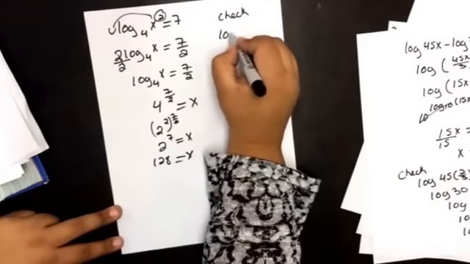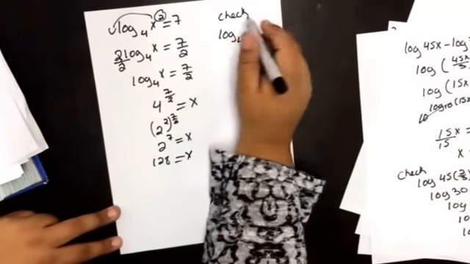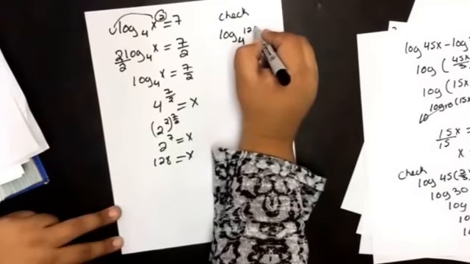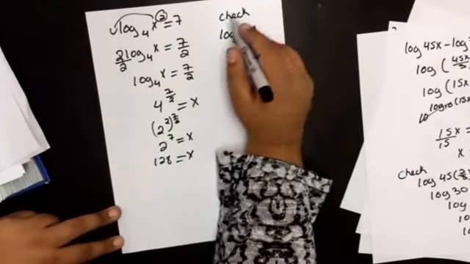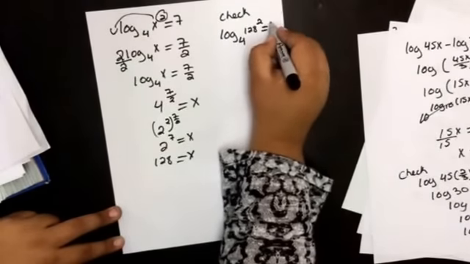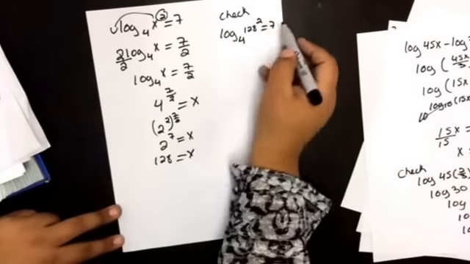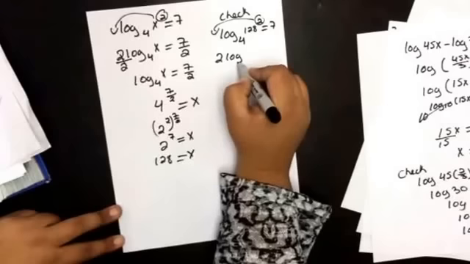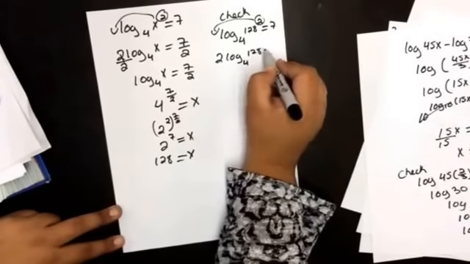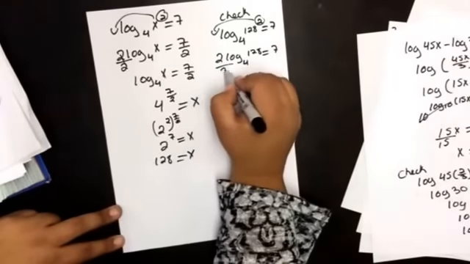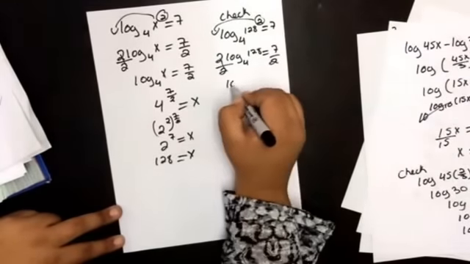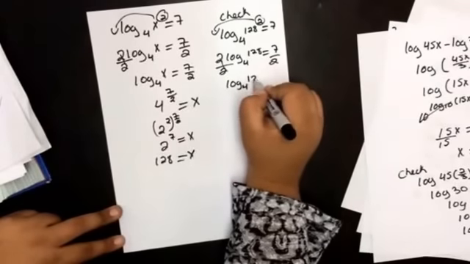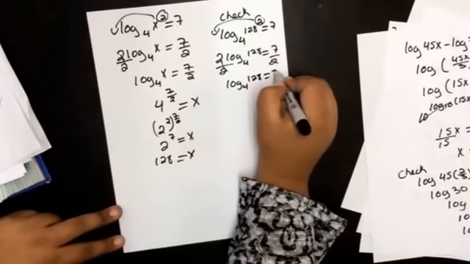If we check, log base 4 of x, which is 128, squared equals 7. Once again, the exponent, you bring it to the front. 2 log base 4 of 128 equals 7. We divide by 2. So log base 4 of 128 equals 7 over 2.